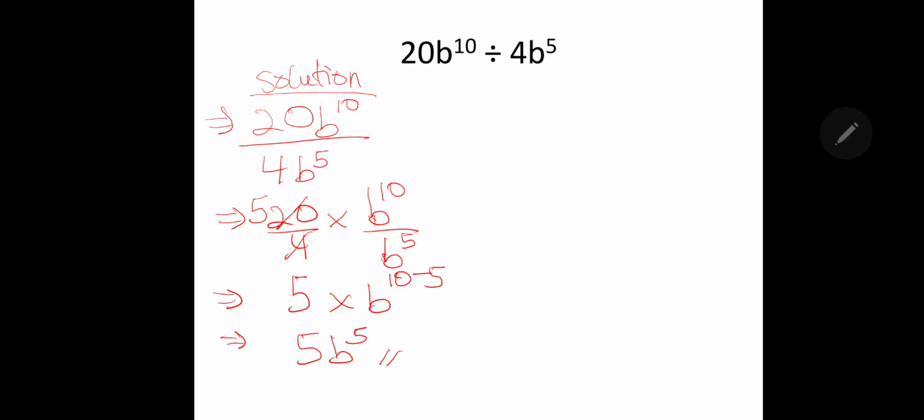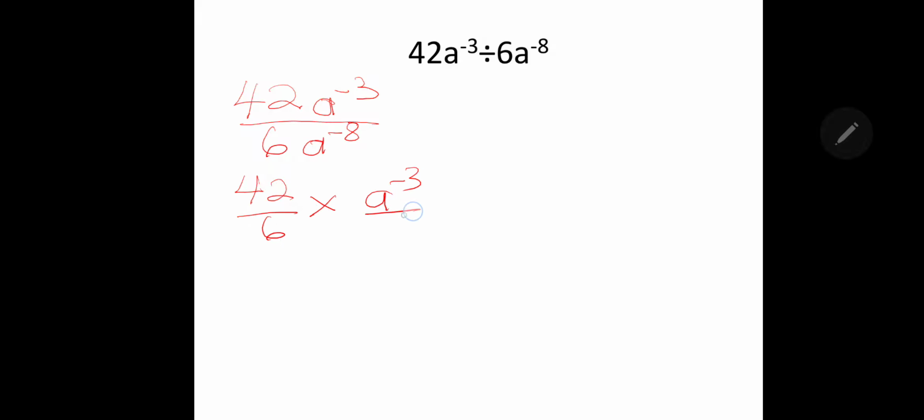On to the next. Okay. So we have 42a to the power negative 3 divided by 6a to the power negative 8. We group our numbers at one place, then we group our alphabet at one place as well, separated by our multiplication sign. 42 divided by 6.